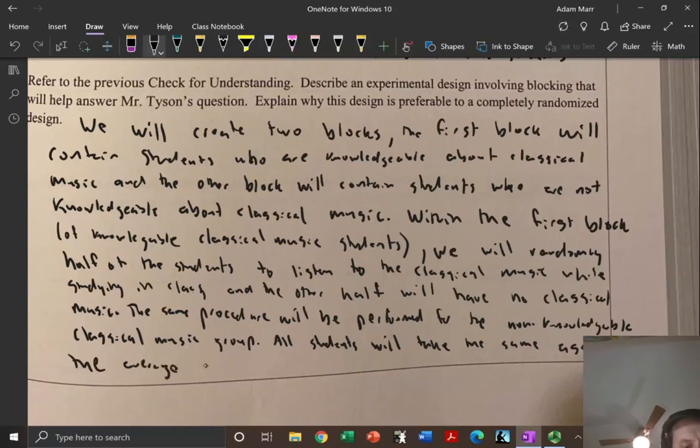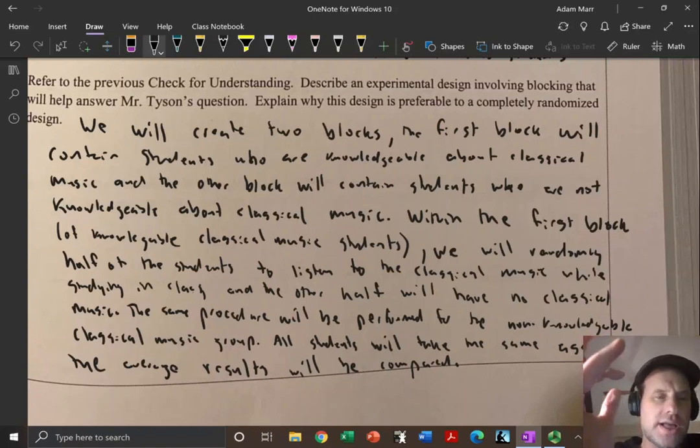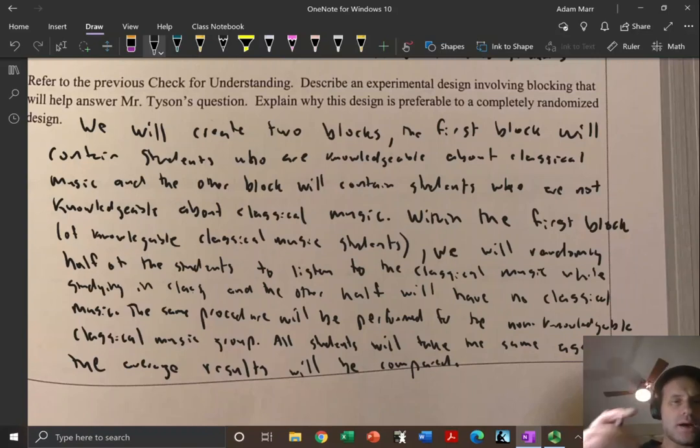So you may be asking, so what we're doing, the reason we're doing this right here, is we're going to compare within the block, right? So the people more familiar with the classical music, we're going to compare right here.